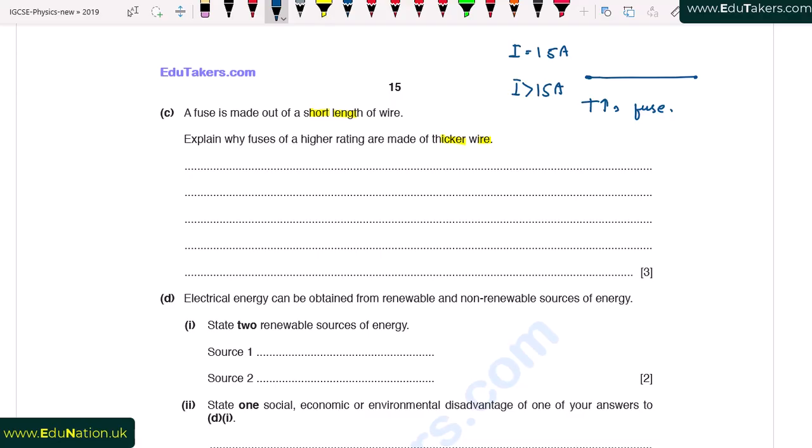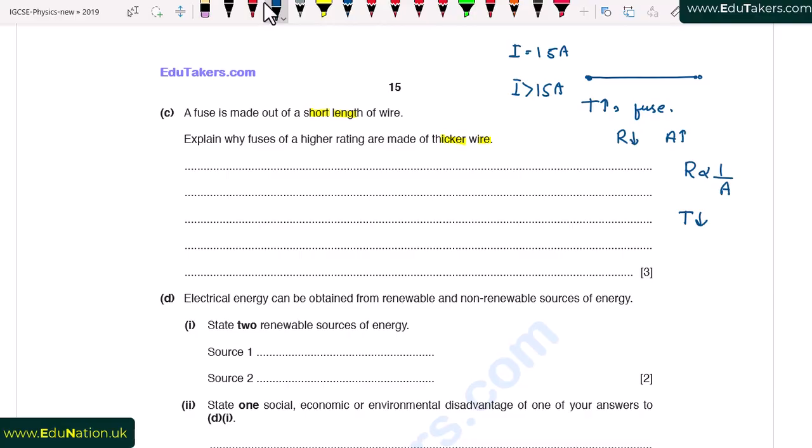But if the wire melts at low temperature, this would not work for a higher rating. So we decrease the resistance by increasing the cross section area or diameter of this wire, because we know that the resistance is inversely proportional to cross section area, so that when resistance is smaller, the temperature will be small, and a higher value of current passes through the wire before it melts.